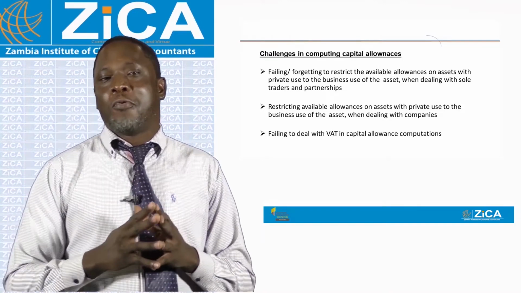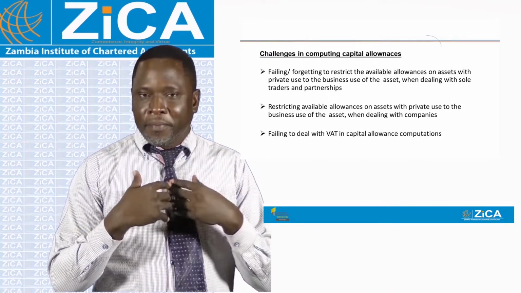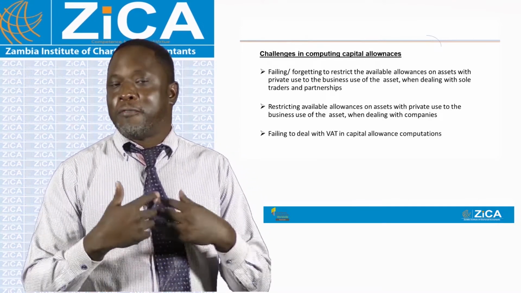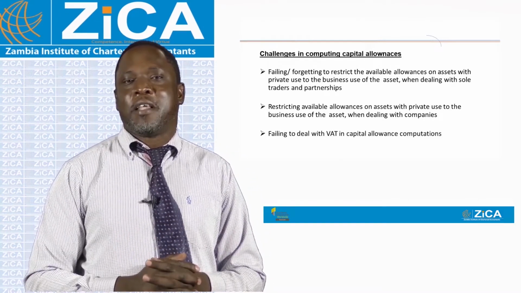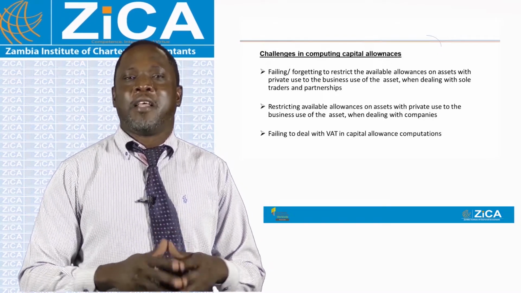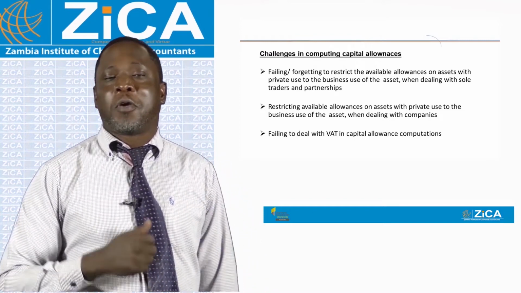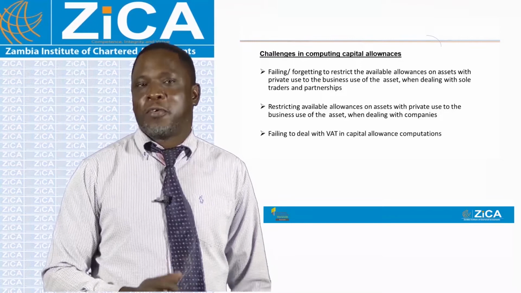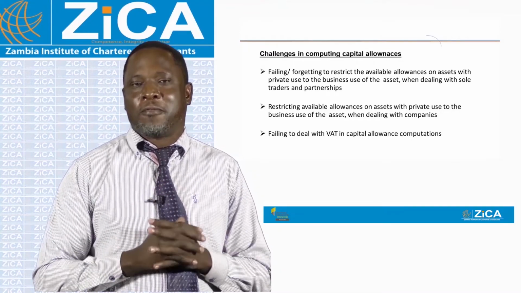The general rule, whenever you are dealing with capital allowances in a situation whereby the values of the assets have been stated at their VAT inclusive value, is that capital allowances must always be computed using the VAT exclusive value. You don't use the VAT inclusive value.